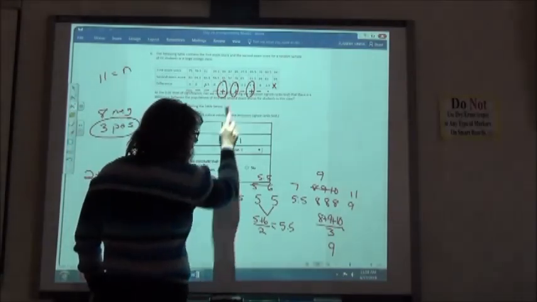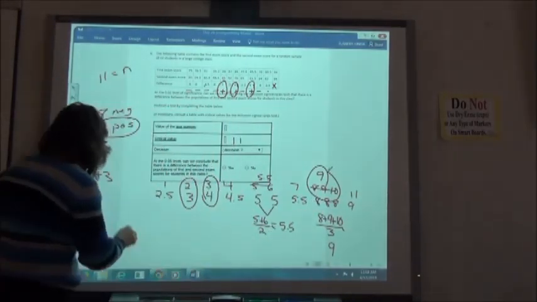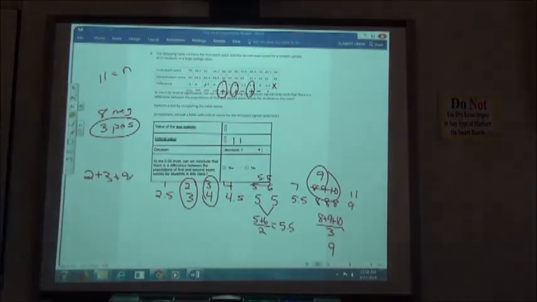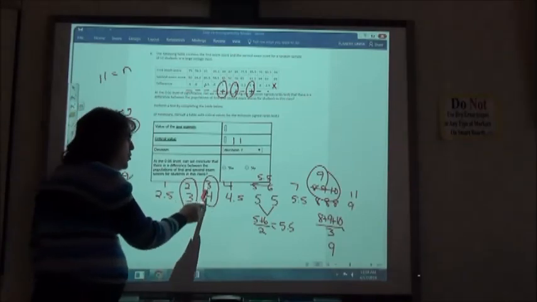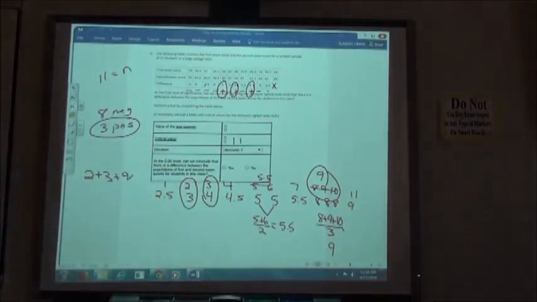And 9 was on this list, had a rank of 9. So the value for my test statistic, the rank of the 3 was 2, the rank of the 4 was 3, the rank of the 9 was 9. I'm going to add 2 plus 3 plus 9.